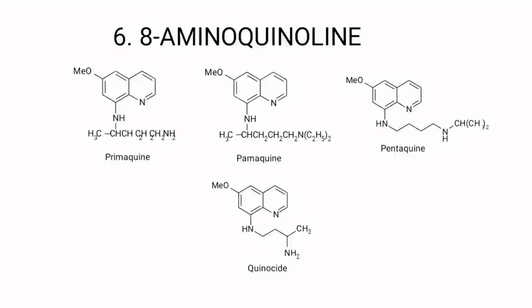These are the drugs categorized under 8-aminoquinolines. The basic structure remains the same in all the drugs, but the substitution changes accordingly. Most of the substitution happens on this position.